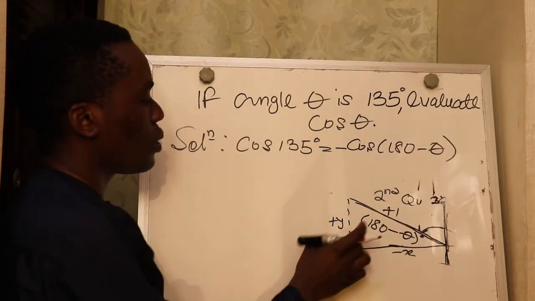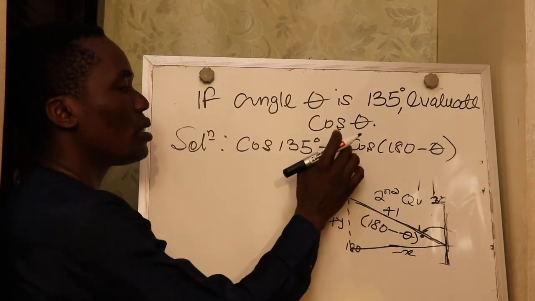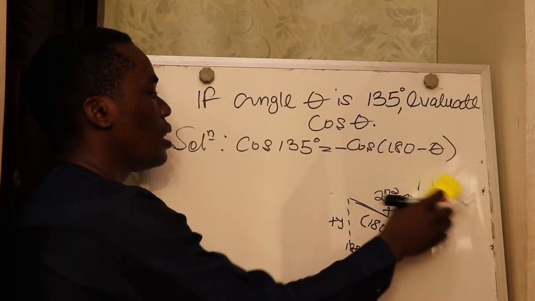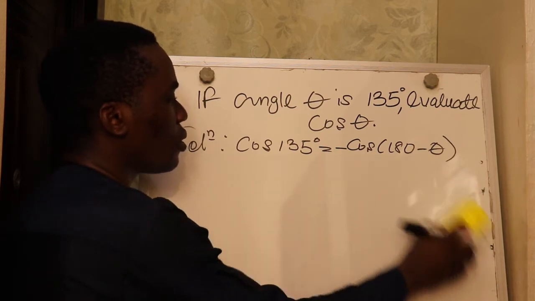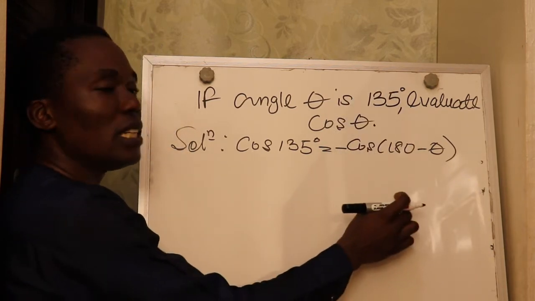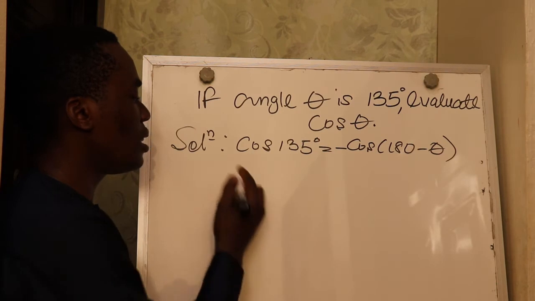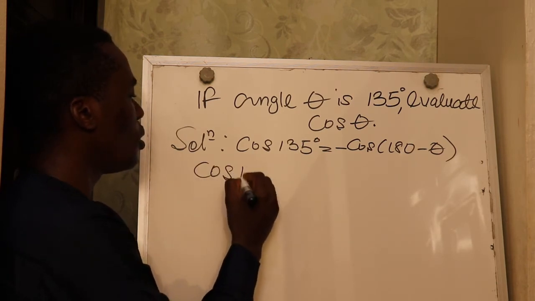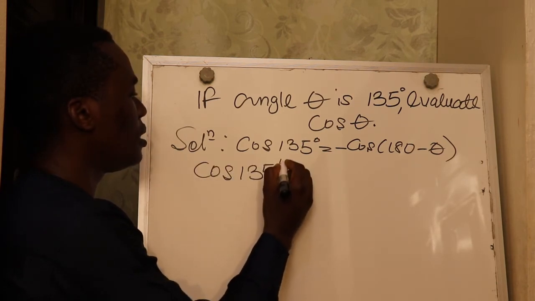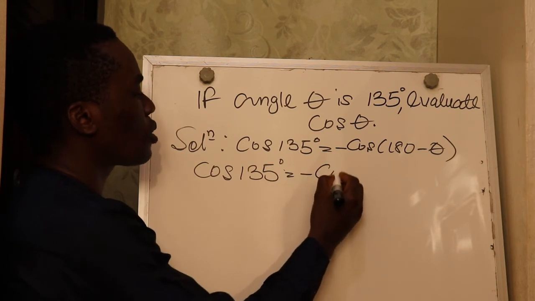Theta. Remember, because the cos of this value will give us a negative sign. Because this angle falls in the second quadrant as explained, our cos 135 degrees will now be equal to minus cos what?